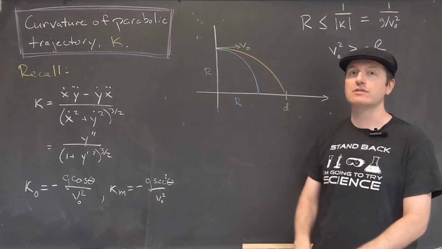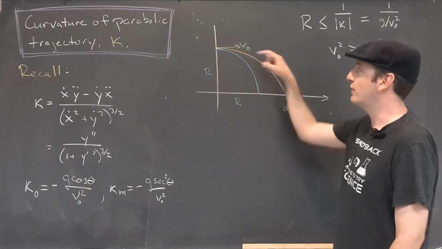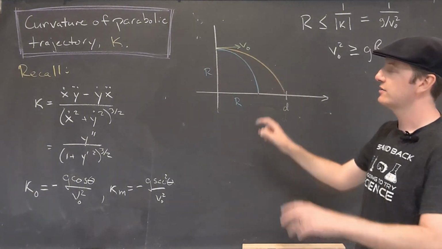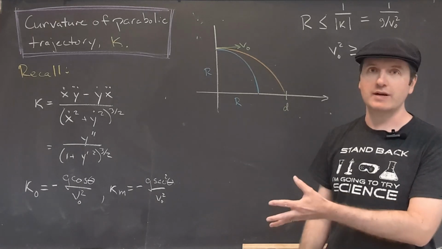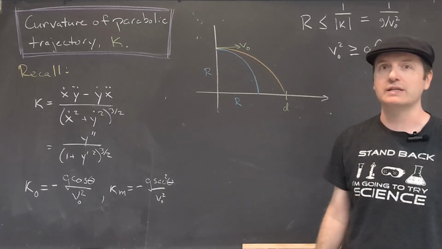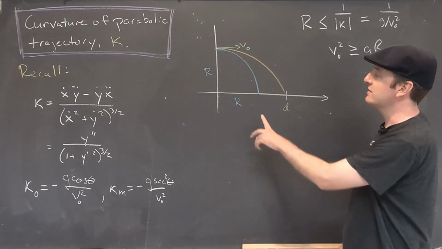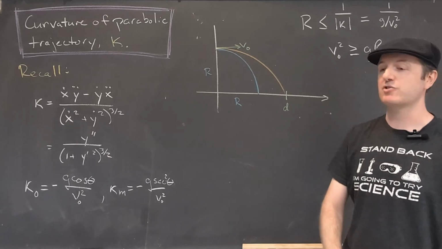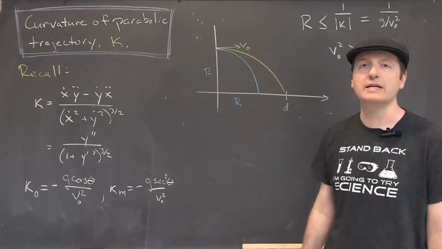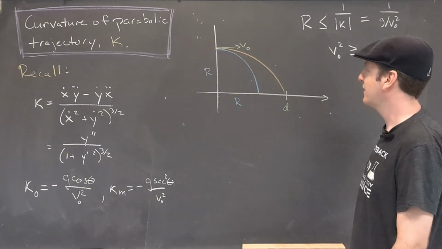I also need the radius of curvature of my parabola to be larger than the radius of curvature of my circle. Now, the circle has a fixed radius of curvature. That's why this works. If this was like an ellipse or something, we wouldn't necessarily know. But because it's got a fixed curvature, I just need to make sure that the radius of curvature starts larger than that, and then I'll be guaranteed that it will remain smaller.